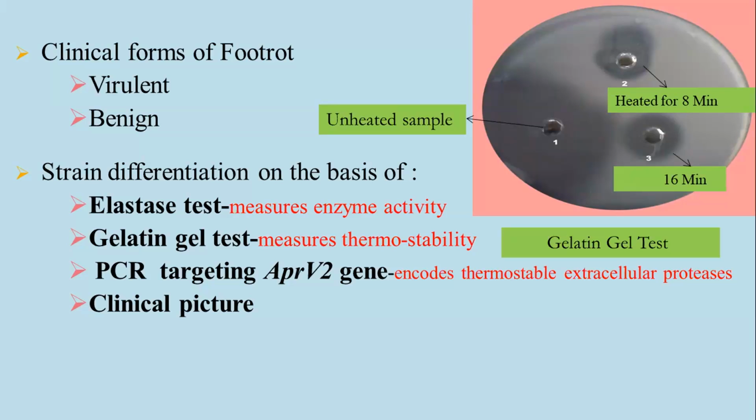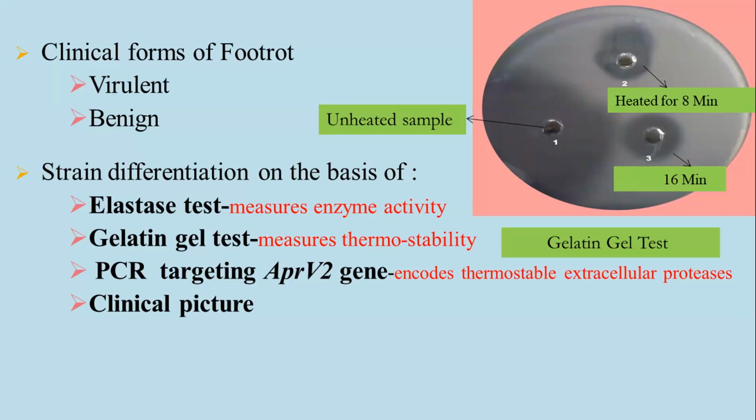Now, coming to another test, that is the gelatin gel test. This test measures the thermostability of the proteases, and it has been reported that virulent strains of D. nodosus produce thermostable proteases. We prepare this gelatin gel, and we also prepare the broth culture.